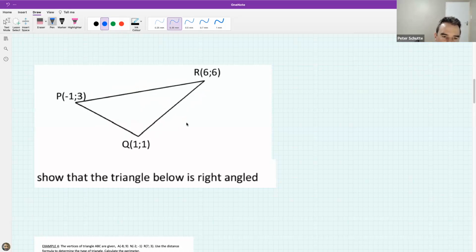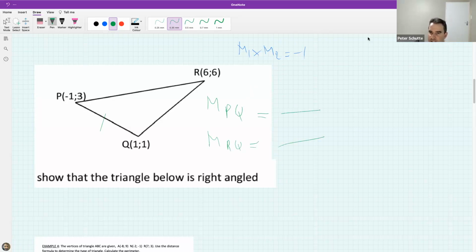So if the gradients are negative reciprocals, or if they multiply together to get -1, then it must be a right angle. Now, as I look at the shape, it looks to me like the gradient of PQ and the gradient of RQ are the two ones that I would want to know.